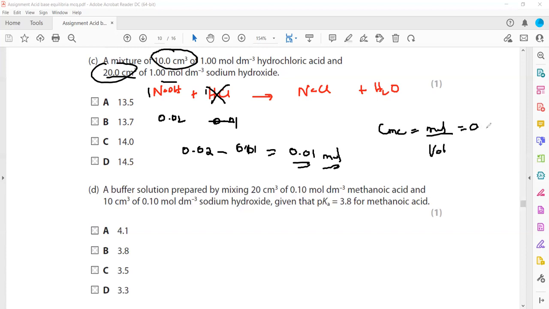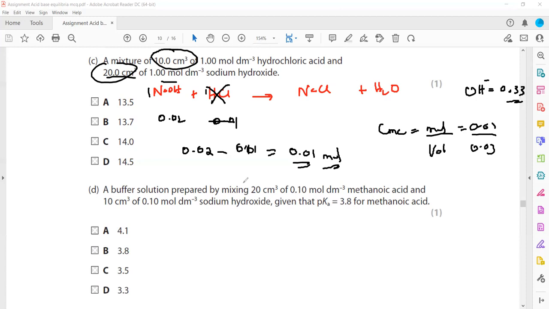So moles are 0.01 and the volume is not 10 or 20, it's 30, because the two solutions are mixed. So it will be 30 divided by 1000, which is 0.03. When we solve 0.01 divided by 0.03, that is 0.333, the concentration of hydroxide ion.